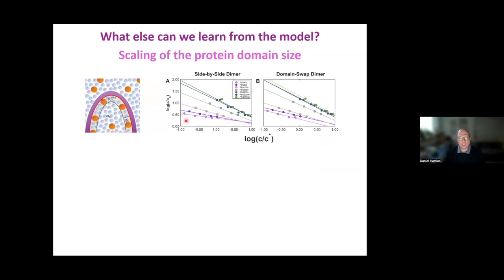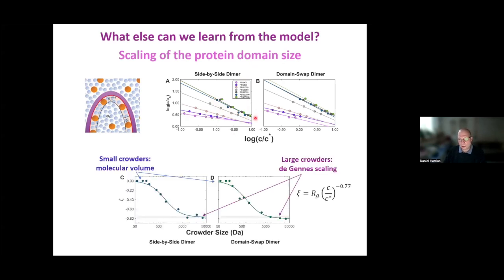So if we look at the change of this length scale with the Crowder concentration, we find that for large enough polymers, there is a dependence, and this has a limiting behavior, a limiting slope that is related to a well-known scaling that is known as the de Gennes scaling for polymers in the semi-dilute regime.